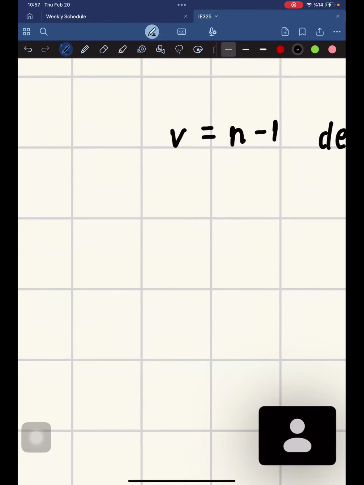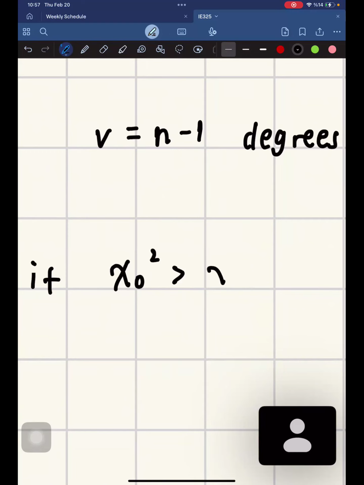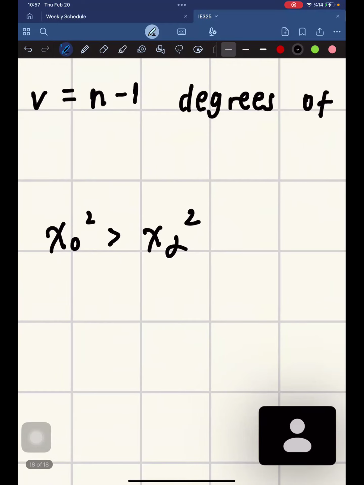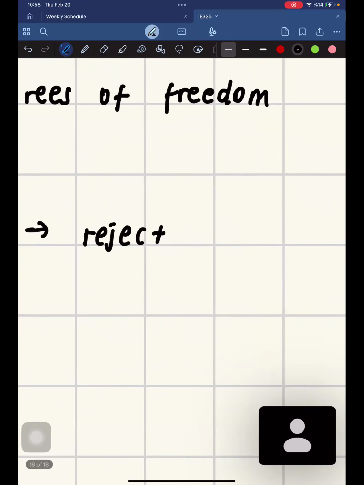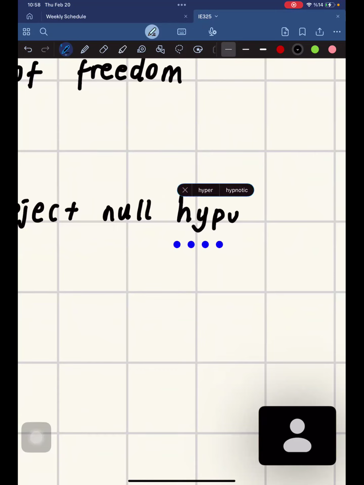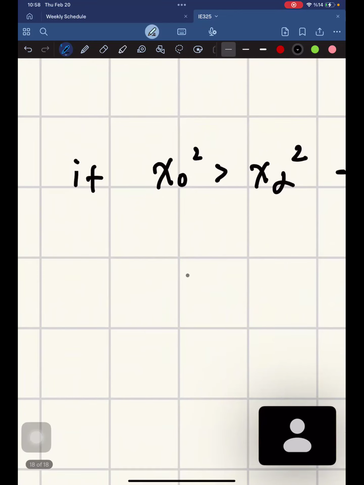If the test statistic is greater than this critical value, we reject the null hypothesis. If we reject the null hypothesis, the random number sample does not follow the uniform distribution.